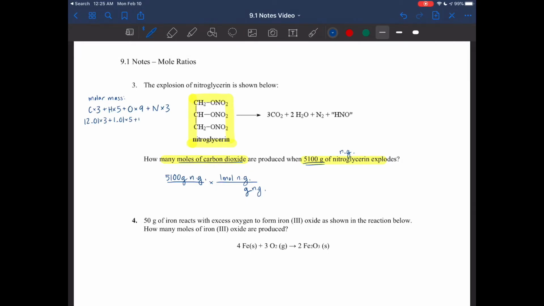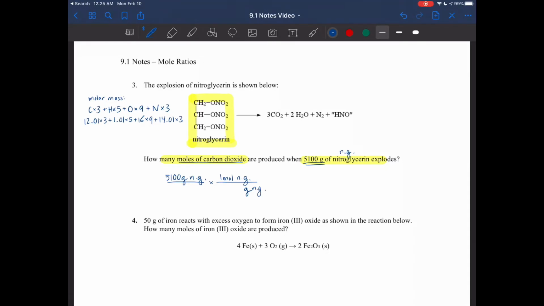So in your calculator, in one line, all you have to do is put in 12.01 times 3, plus 1.01 times 5, plus 16 times 9, plus 14.01 times 3. Just these masses of these elements from the periodic table times the amount that we found in that actual picture.